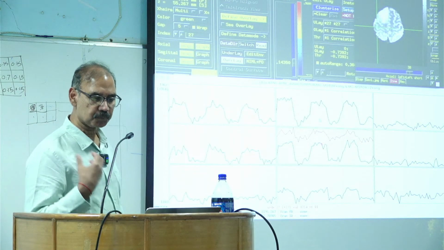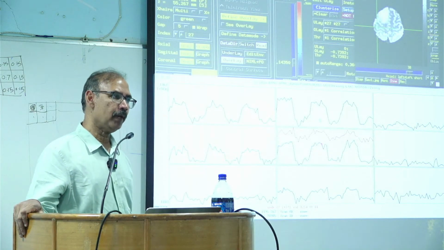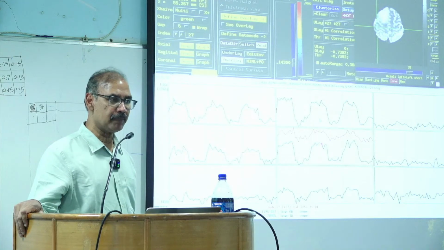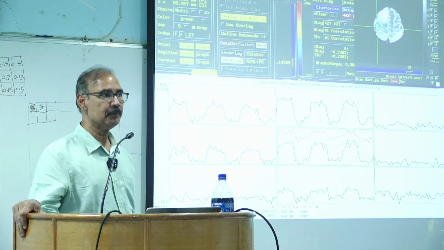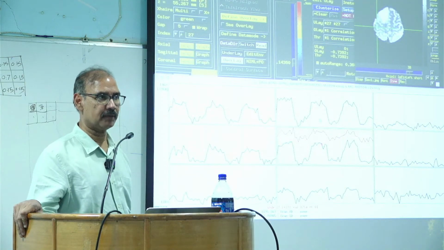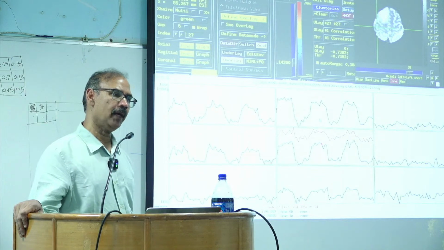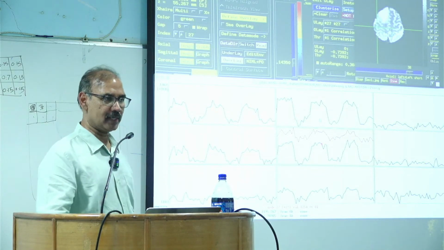This is where we can use principal component analysis to find out how many dominant sources there are, and based on that, we can identify what is happening.